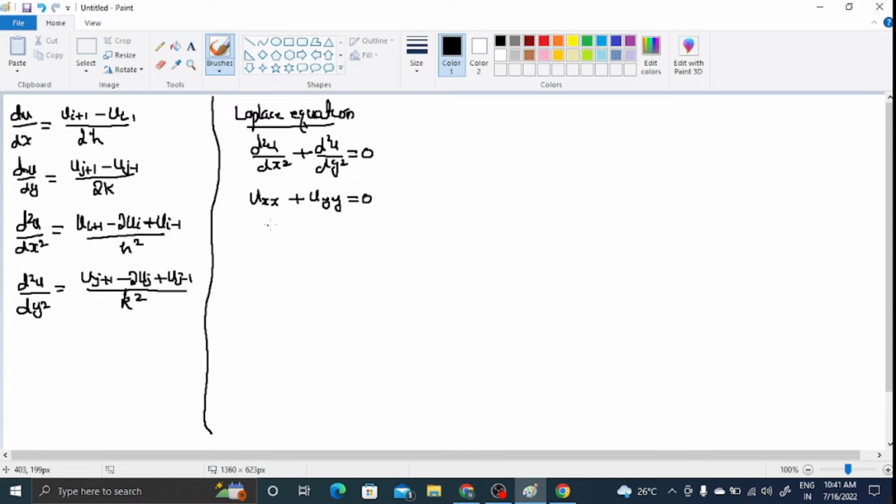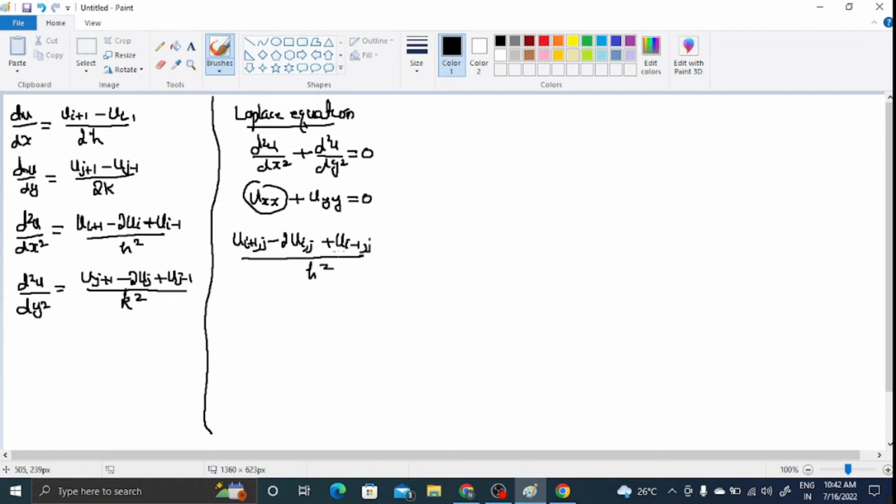So this is the Laplace equation. In the last class I told you we can replace the partial differential equation using the finite difference approximation: u I plus 1 comma j minus 2 u I comma j plus u I minus 1 comma j divided by h square.